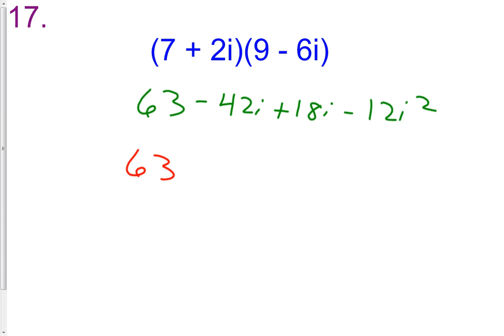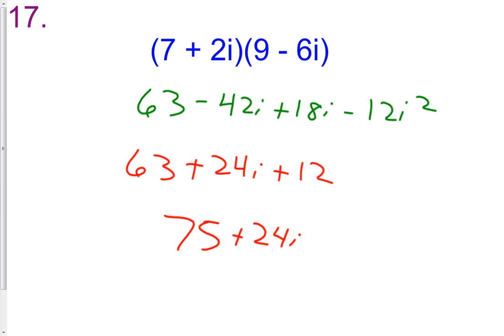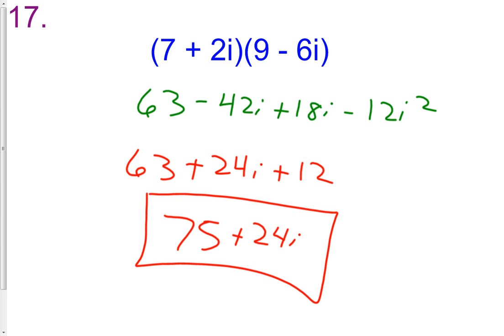A negative 42i plus 18i is a positive 24i. And then we had this positive 12. So for our final answer for problem number 17, 63 and 12 make 75 plus 24i. There's our answer for problem number 17.